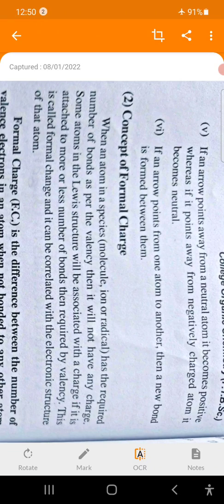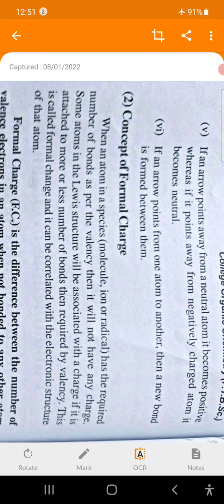Whereas if the arrow points away from a negatively charged atom, then it becomes neutral. Why? Because the negative charge is due to an additional electron, and an arrow pointing away means loss of that additional electron, hence the atom becomes neutral.